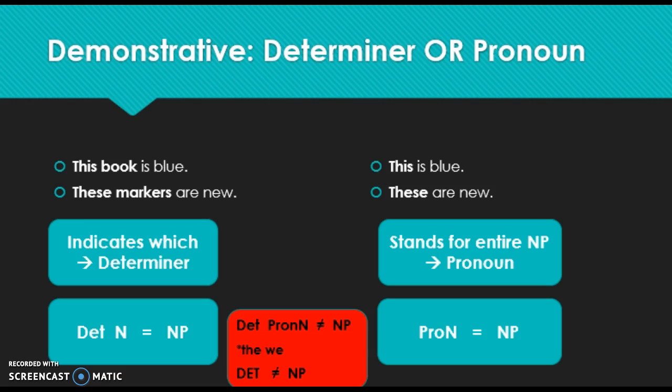And also, we can't have a determiner by itself inside a noun phrase. We talked about how determiners do the work of helping us explain to whoever's listening or reading whether we're classifying that noun in the noun phrase or we're identifying a specific noun by using that noun phrase.